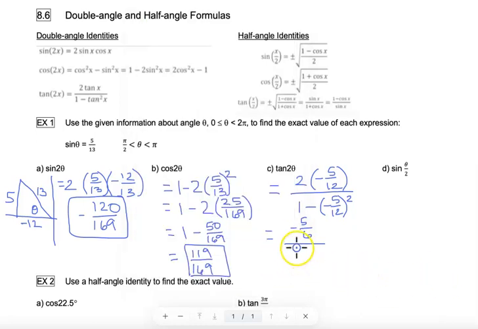That's also going to give me a 119, but in this case, now my denominator is 144. So negative 5/6 divided by 119 over 144 is the same as negative 5/6 times the reciprocal, 144 over 119.